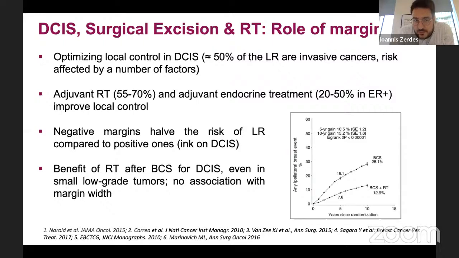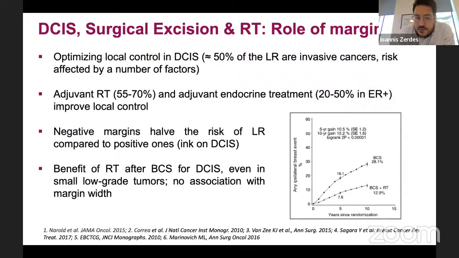This risk is, of course, affected by a number of factors, and one of those is the administration of systemic therapies, which of course varies when it comes to radiation therapy and also use of adjuvant endocrine treatment, which could improve local control. When it comes to margins, negative margins halve the risk of local recurrence compared to positive ones.